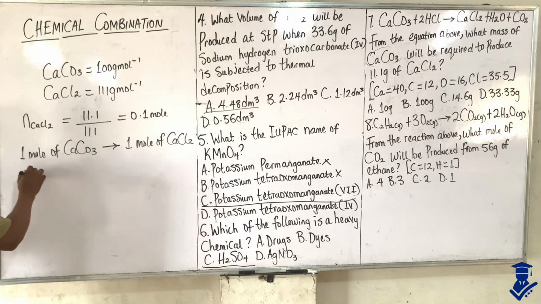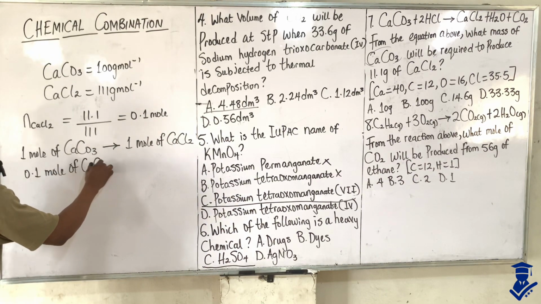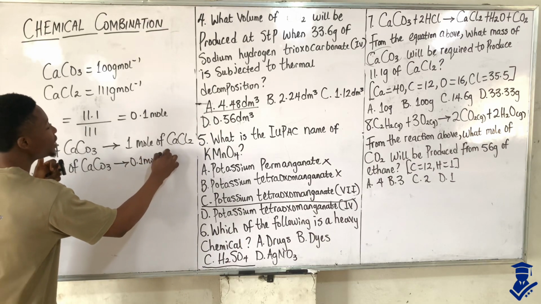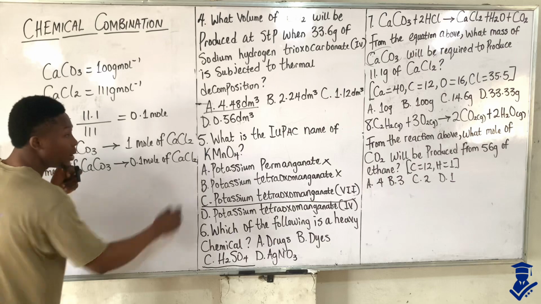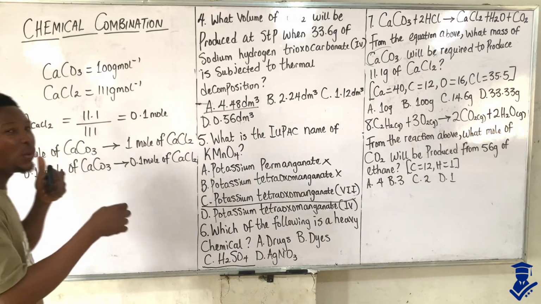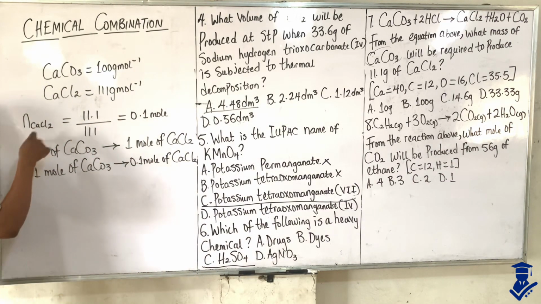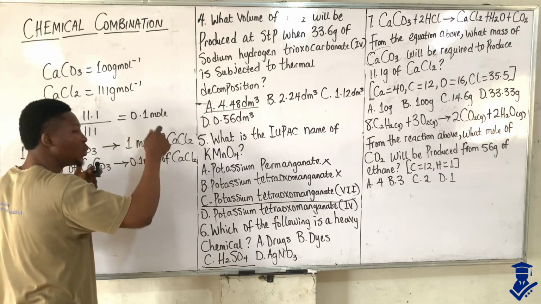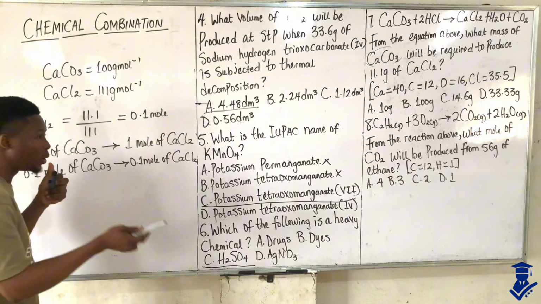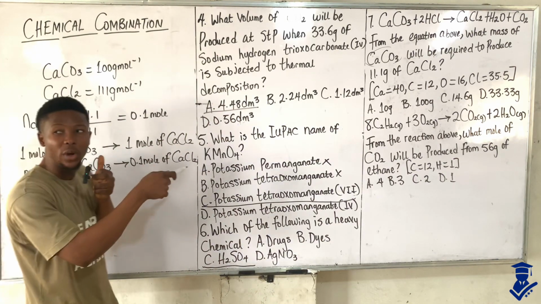So it means that 0.1 mole of CaCO3 will also produce 0.1 mole of CaCl2. The same mole of CaCO3 produces the same mole of CaCl2, as we can see from our analysis. If 1 mole of this produces 1 mole of this, it also means that 0.1 mole of this will produce 0.1 mole of this.